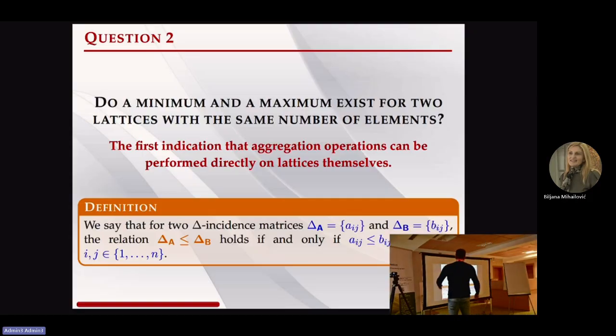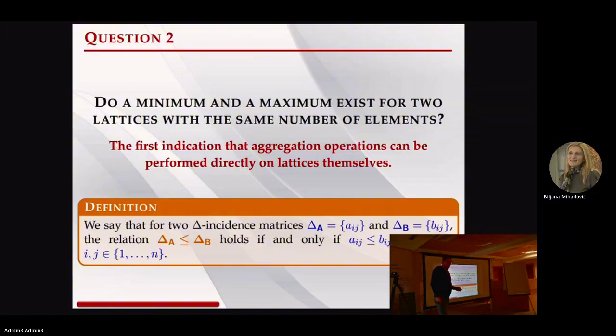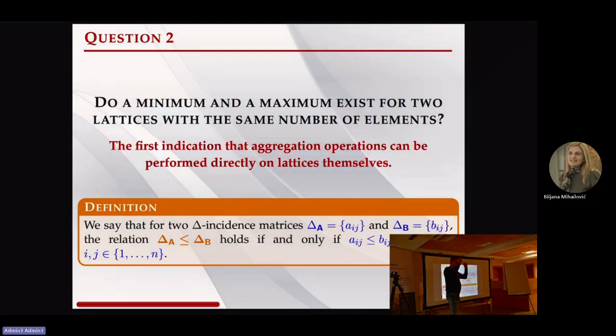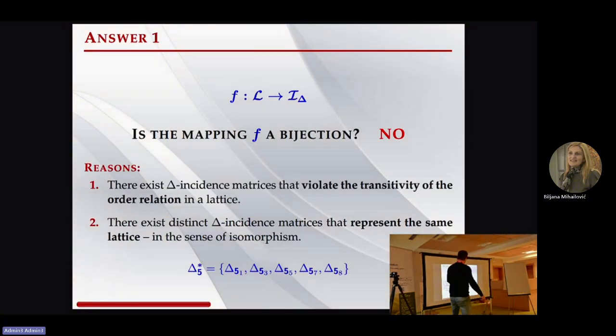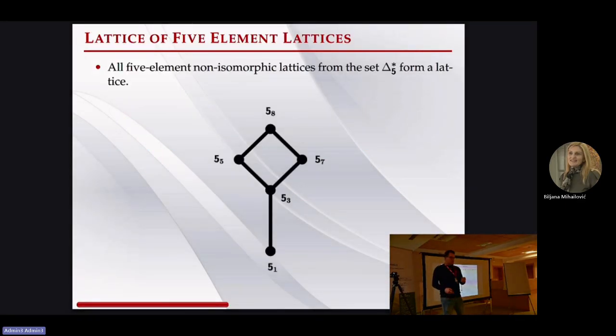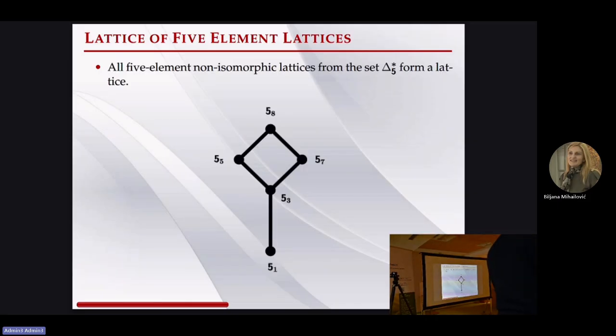For the minimum and maximum, we use this very simple definition, which says that 2 delta incidence matrices we can order by the elements on the same place. So for this set, we have this lattice, which is the lattice of all 5-element non-isomorphic lattices.